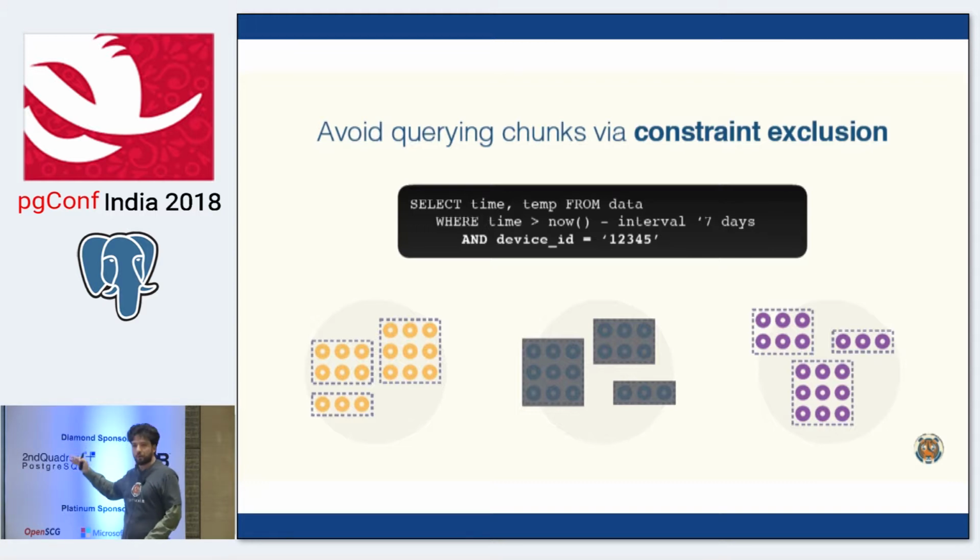So, for example, if you partitioned your data in terms of space by device ID, and the spatial partitioning is hash partitioning in our system, when you query for a particular device ID, you don't need to query the chunks that correspond to other hash partitions that can't possibly have that device ID.